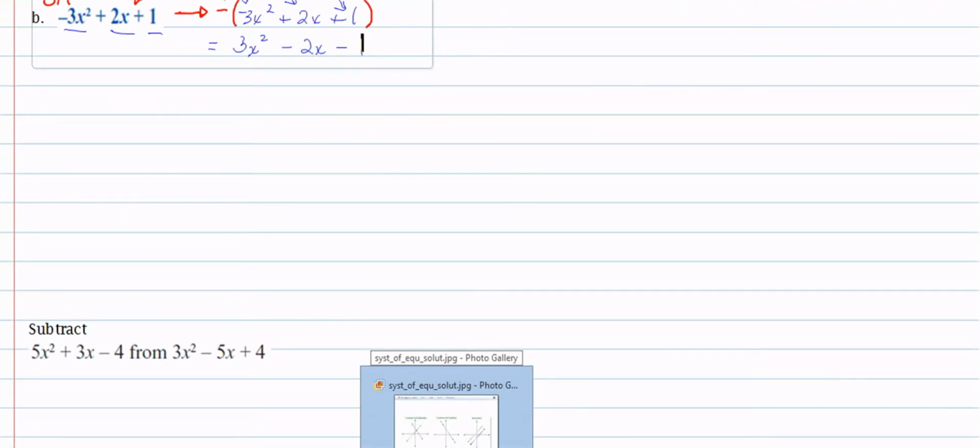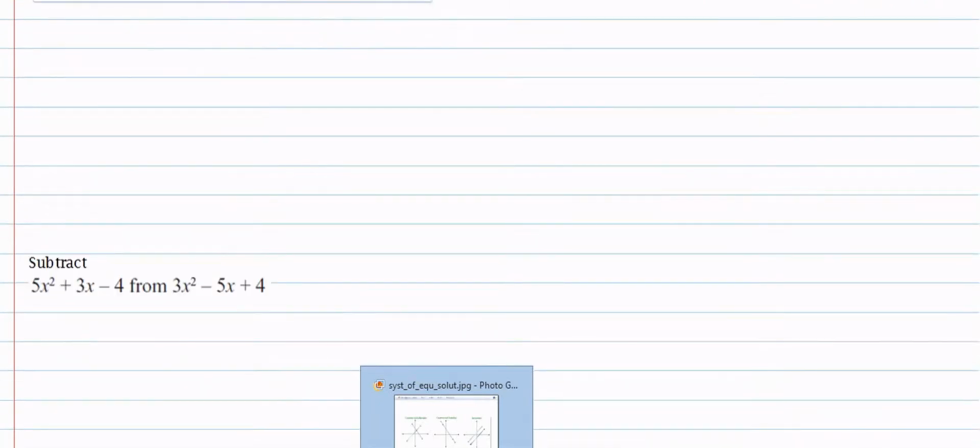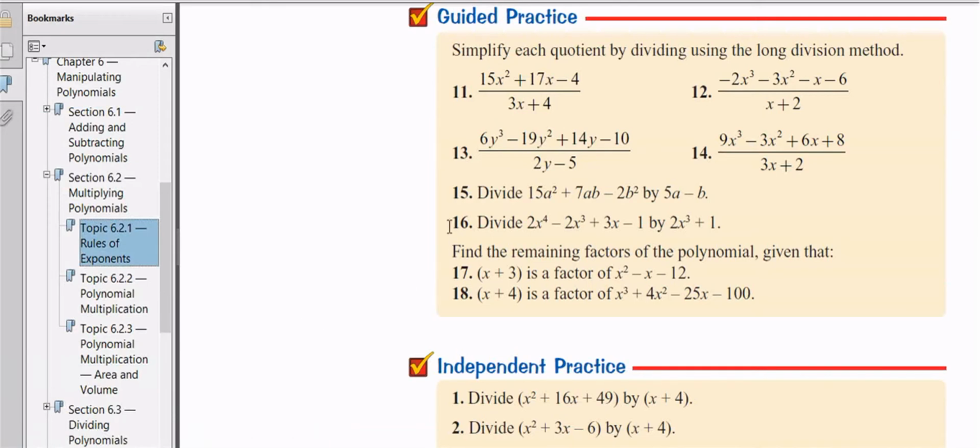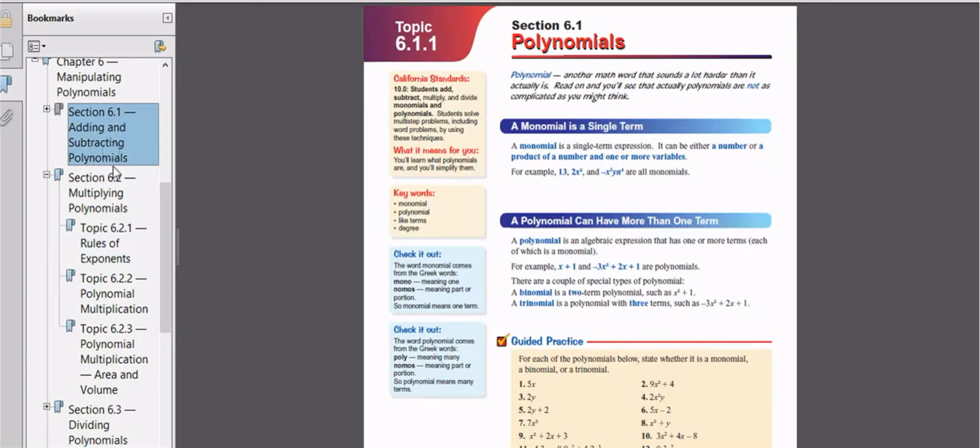So here I'm going to just kind of look at a few things. I'm going to have various examples written down the page for you guys. Let me go and grab one more here. Let me go back up to that section, adding and subtracting. All right.